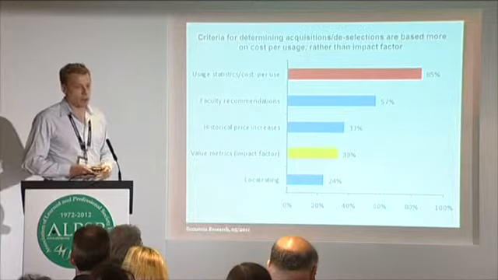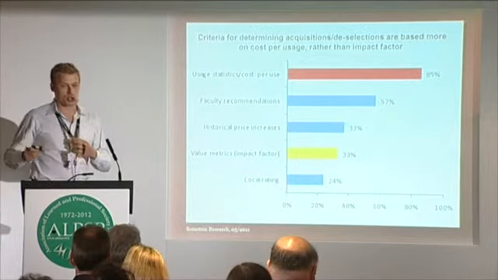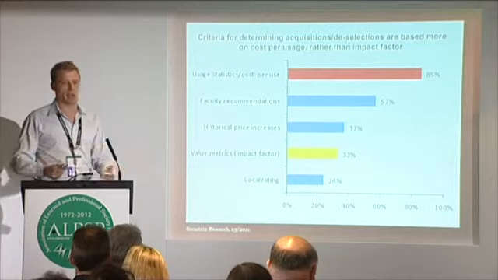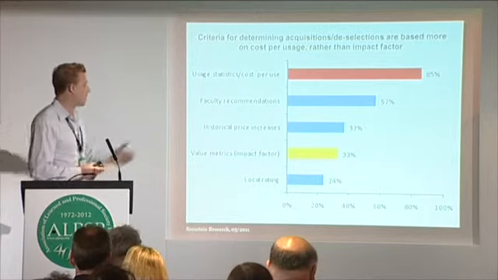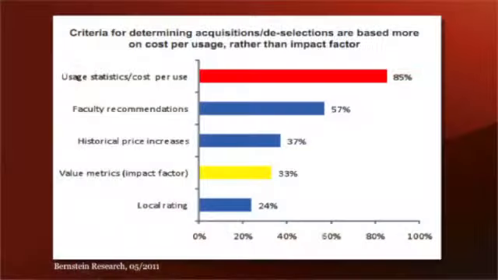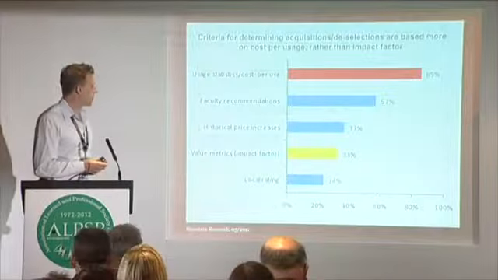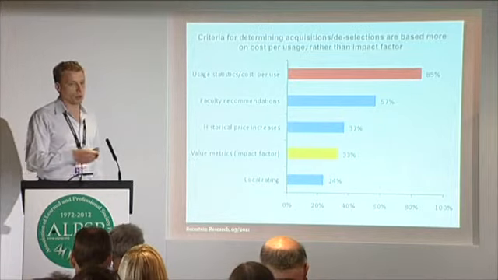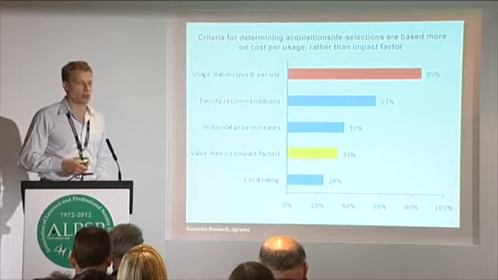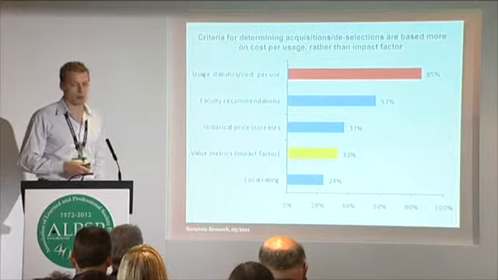Again, why do we think this is important, that we should allow people to discover and engage with content more heavily than we have seen it in the past? Because this is a statistic from Bernstein Research, who are heavily involved in looking at our market, and that's one of their statements where they say usage statistics compared to cost per user is one of the most important factors determining library subscriptions.